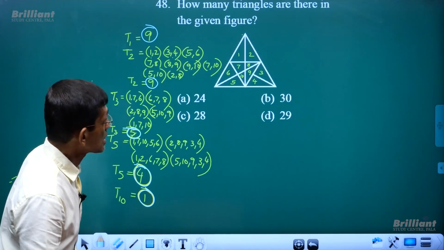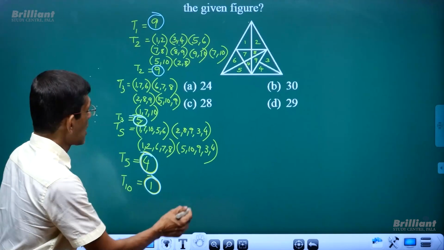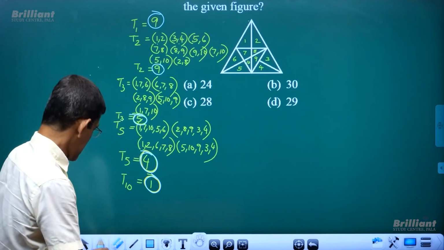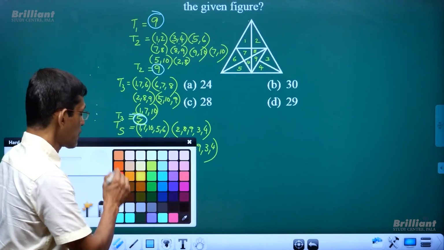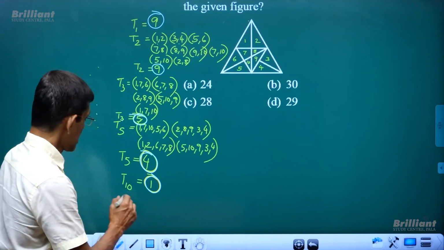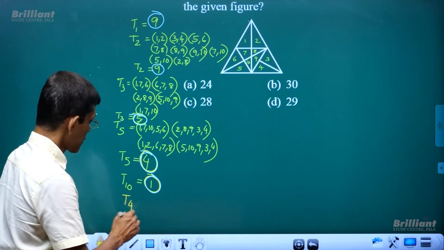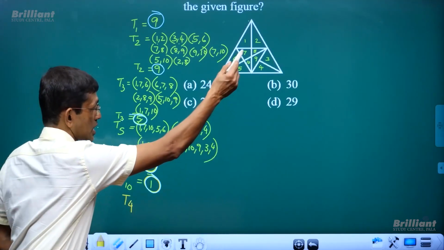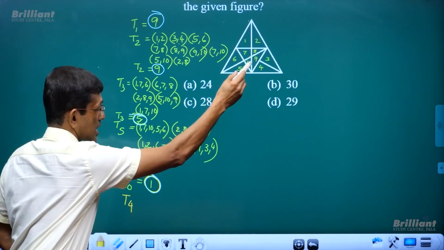Just looking at, is there anything missing? Okay, so what we have done so far is correct. Only thing, we just missed one. Which one is that? T4. Four pieces together, we haven't considered that possibility. You see that? 7, 8, 9, and 10.